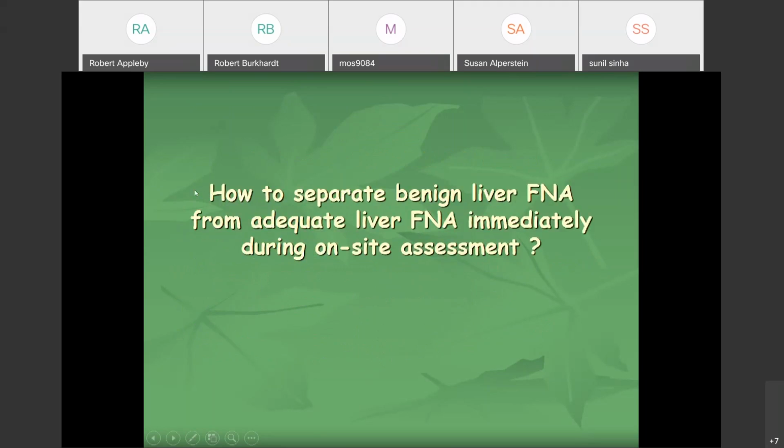And one thing is, when you're doing on-site assessment, how do you separate benign liver aspirate from adequate liver FNA immediately during assessment? Because if the liver nodule is small, they may not target the right spot.